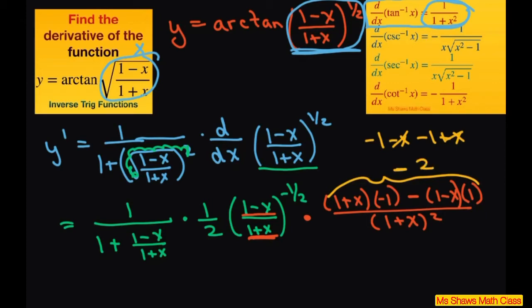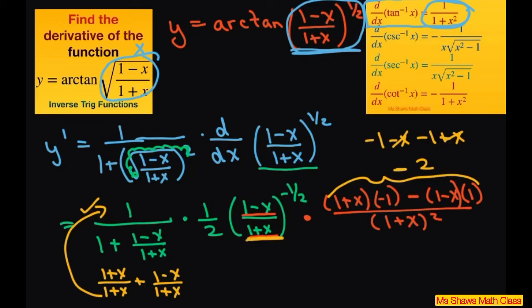I'm also going to get the common denominator for this first term. So I can write this as (1 plus x) divided by (1 plus x), plus (1 minus x) divided by (1 plus x). I want to have the common denominator. That way I can move that up there. I'm going to do that on the next slide.